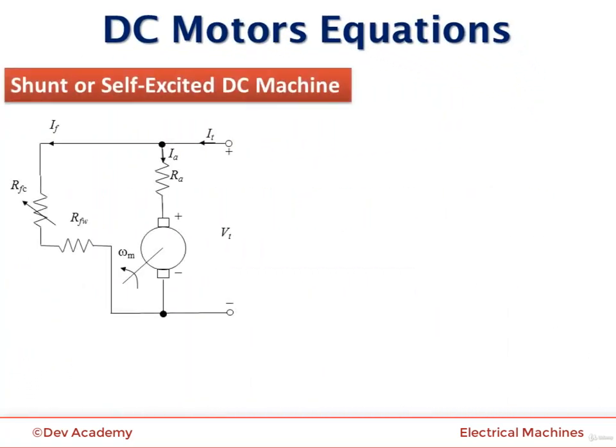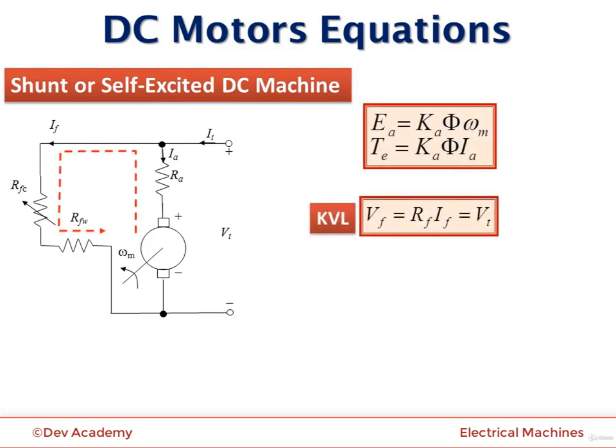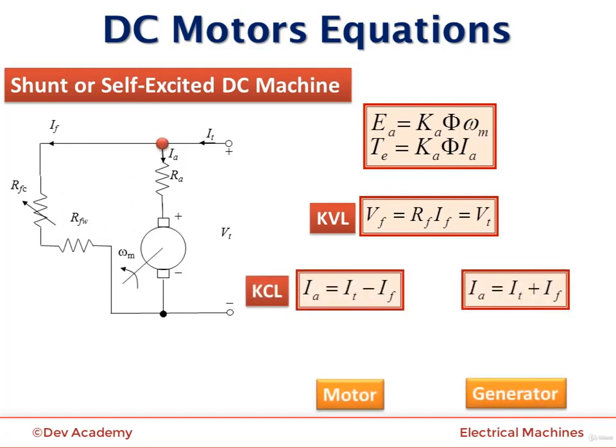For the shunt and self-excited DC machine, the equivalent circuit is as shown here. The standard back EMF and torque equations are the same, and the KVL applied to the field circuit gives this equation, which is very similar to the previous case, but here the field voltage VF is the same as the armature terminal voltage VT. The KCL for motor and generator cases give these two equations.